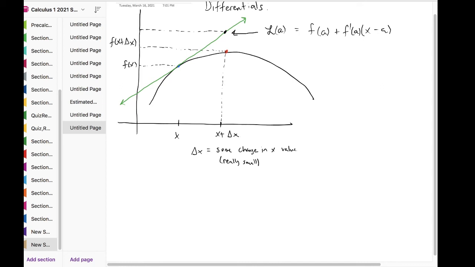So what do you think? Okay, yeah, so this value is going to be delta x, this distance, right? That's x plus delta x. And we're going to find this distance as delta y. So delta y is the change in y corresponding to delta x.